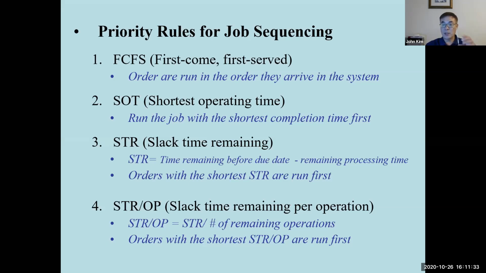Whichever shortest slack time job first and second and so on. STR over OP rule, slack time remaining per operation. Slack time divided by number of remaining operations. So using this ratio, shortest first and second and so on.